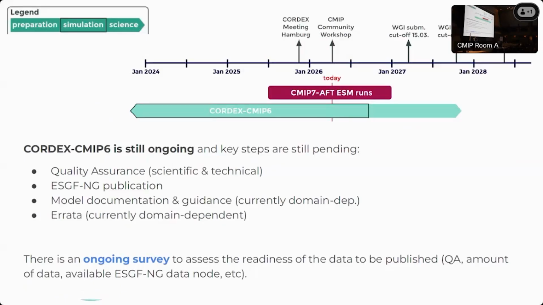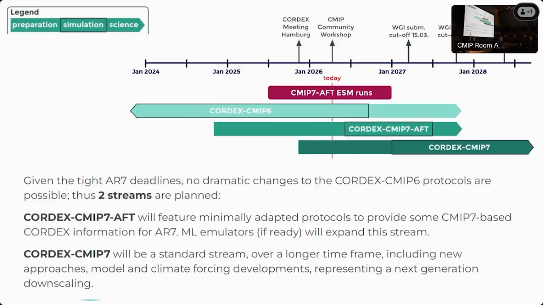So this will affect the protocols that we have to develop for CORDEX CMIP7, and we will have two different streams. One is focused on CMIP7 AFT, and here we will minimally adapt the protocols to provide some CMIP7-based CORDEX information for AR7. And if emulators are ready, this will be used to expand this stream.